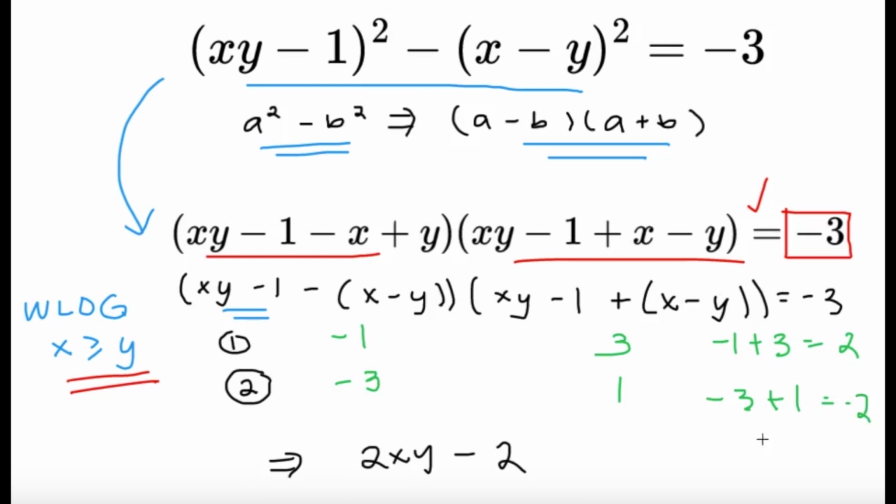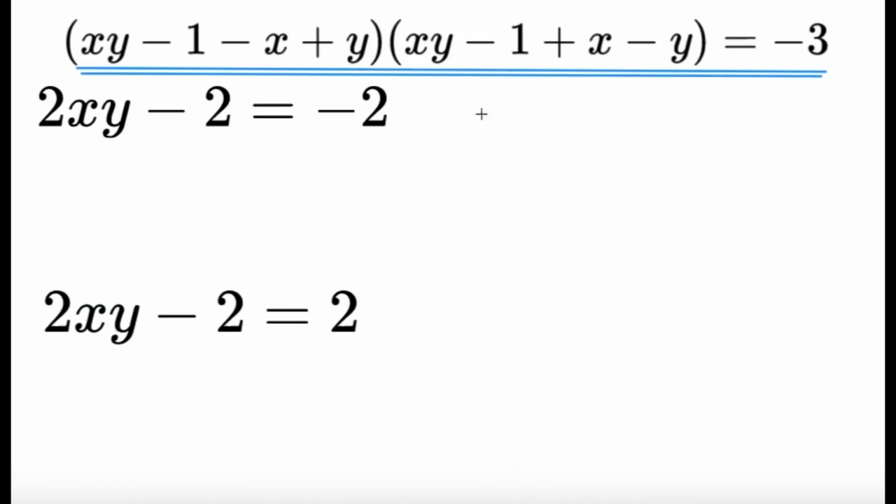So we have two cases. This 2xy minus 2, case 1 will give me this, and then case 2 will give me this. Now, because we know that x and y are non-negative integers, from the first equation, what can we get? We can get that 2xy is 0. So we're going to have x equals 0 or y equals 0.